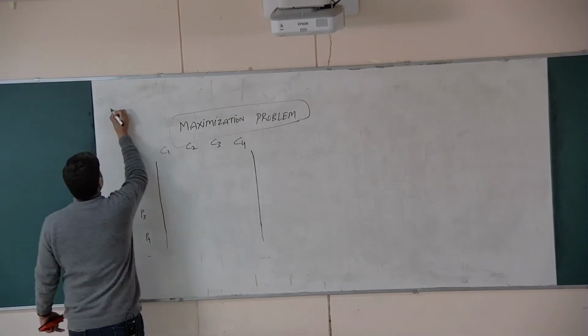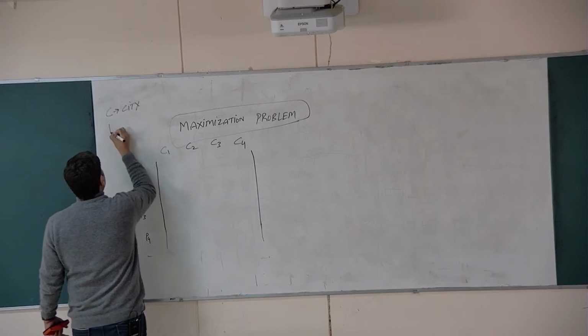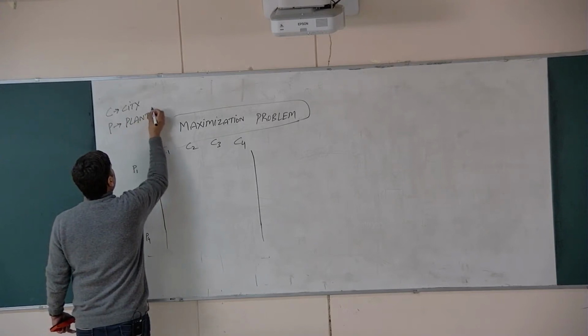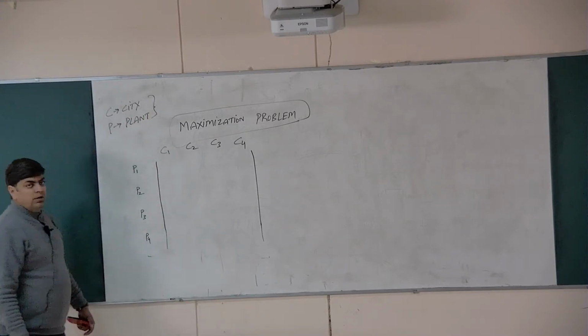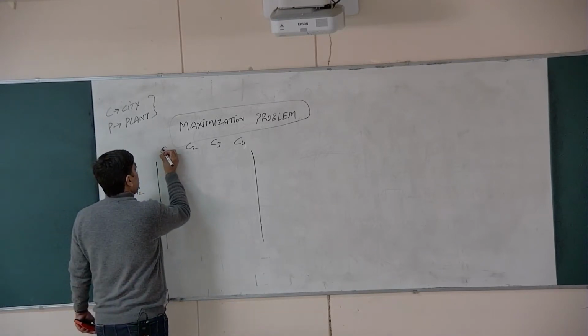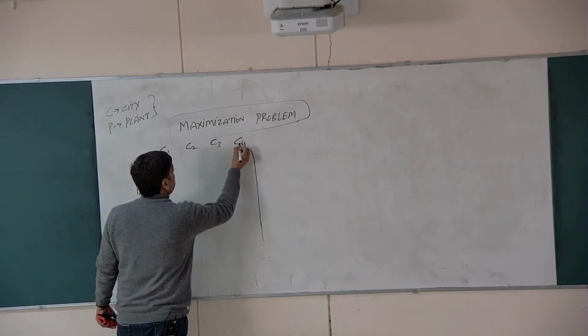So your C is your city and P is your manufacturing plant or industry. So you have 4 cities and 4 plants.